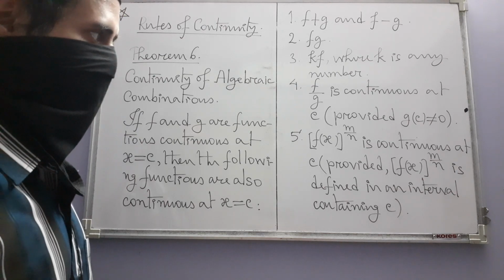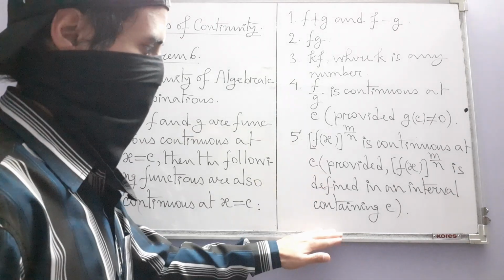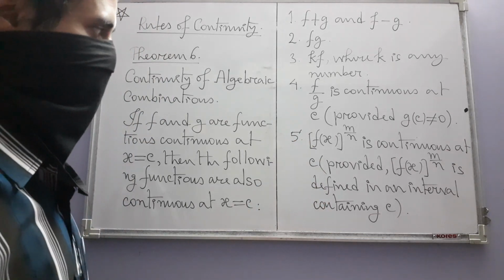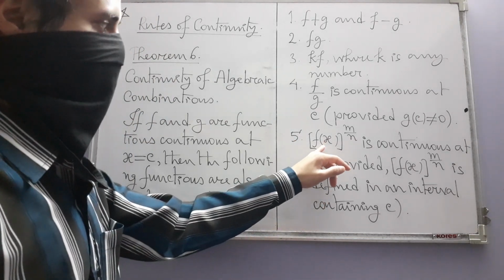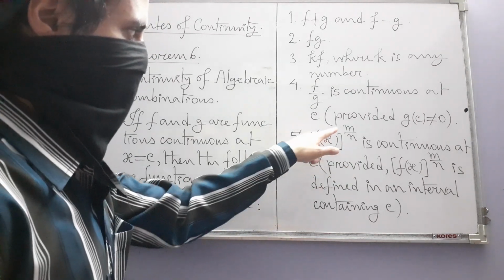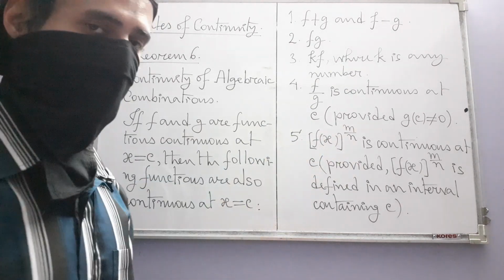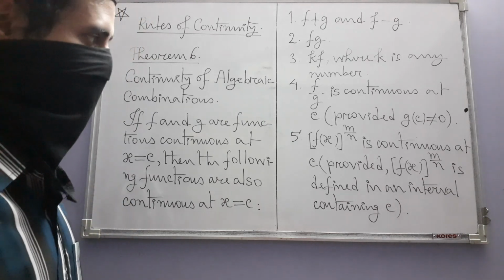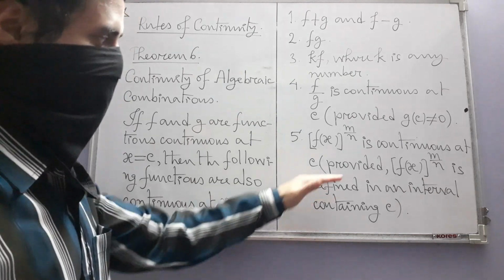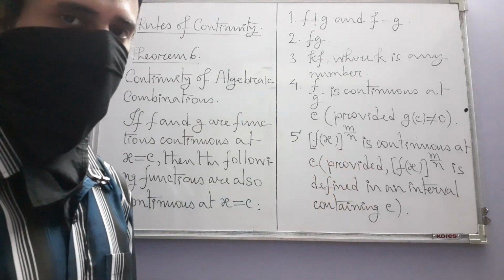You can of course guess why we need this condition, because sometimes you may have a problem. For example, if your f(x) value is a negative real number and you have m equal to 1 and n equal to 2, then that is not a real number. So to get rid of that problem, we need this condition.